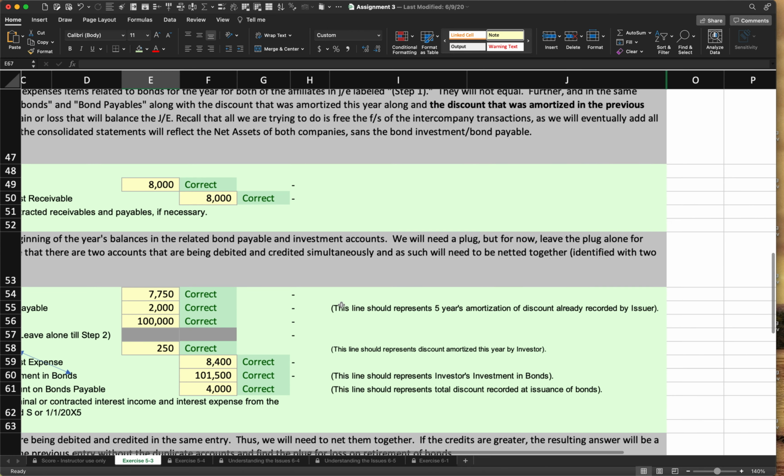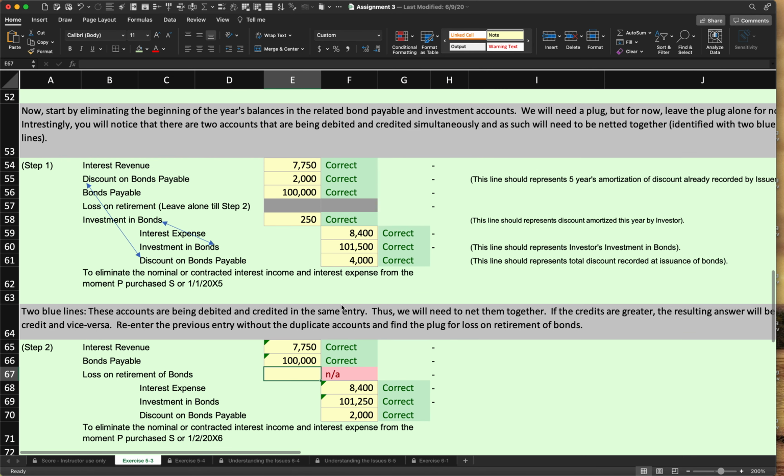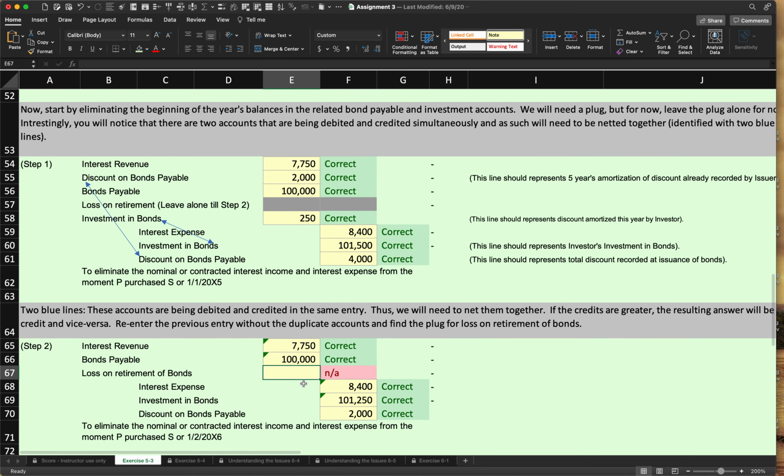And now we're going to deal with this issue of finding the plug to balance the equation. And not just to balance the equation, but to realize that we're eliminating or retiring a bond. And with it, if there's any gain or loss, we need to record that. In this case, as we noted, debits were less than credits, right?